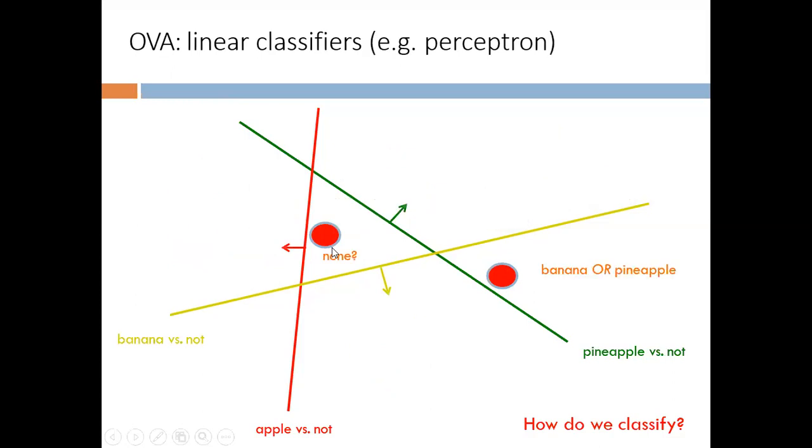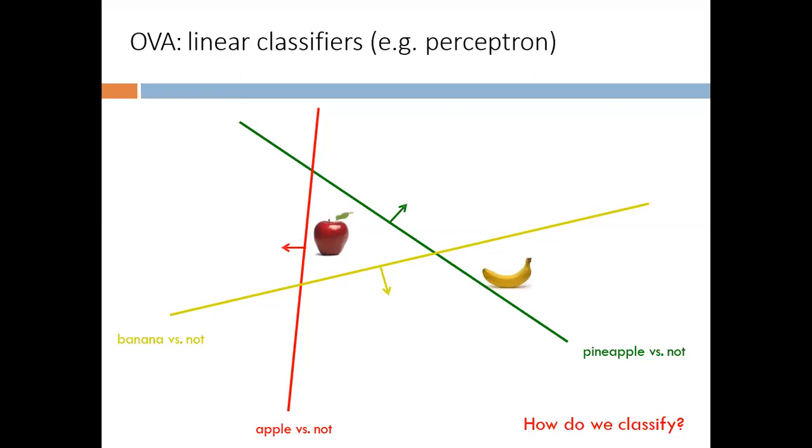So what is the remedy? How do we classify these two instances? Let's see the actual labels of these two instances. Apple and banana are the true labels of these two instances.